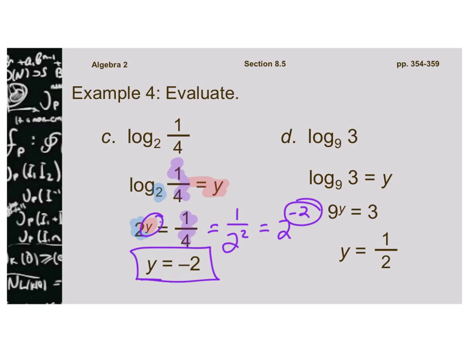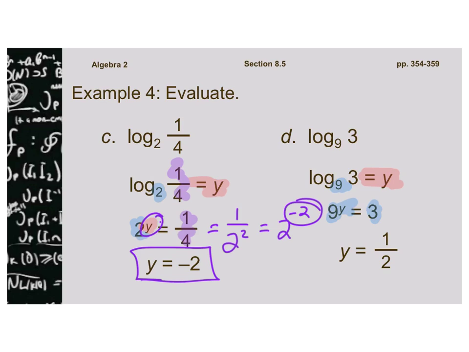Okay, moving on to log base 9 of 3. First step, rewrite it as an equation. Write it as an equation, and I'm going to get the equal y. Next step, use the definition, base to the outie equals the innie. Now I can't make the 3 have a base of 9. That just doesn't work. But I can have the 9 be a base of 3.